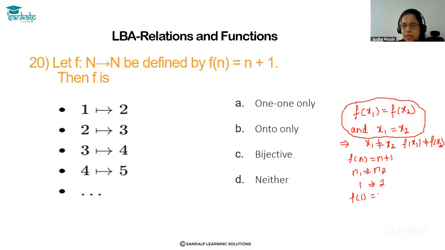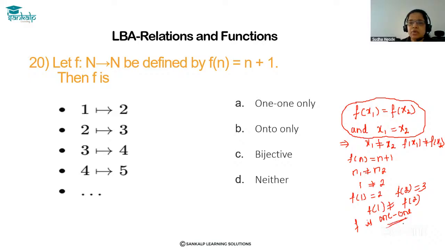What is f(1)? f(1) is equal to 2. What is f(2)? It is 3. Therefore, f(1) is not equal to f(2). Therefore, f is one-one. Got it? By using the contrapositive method, you have proved f is one-one.